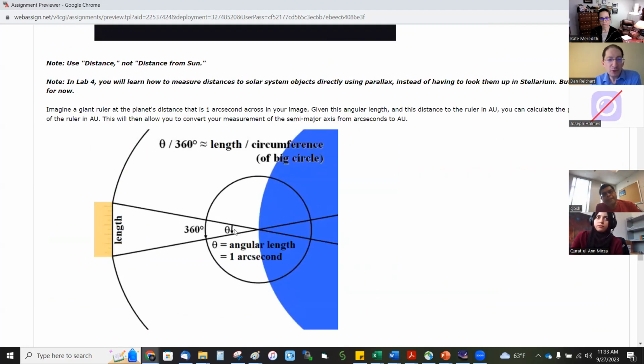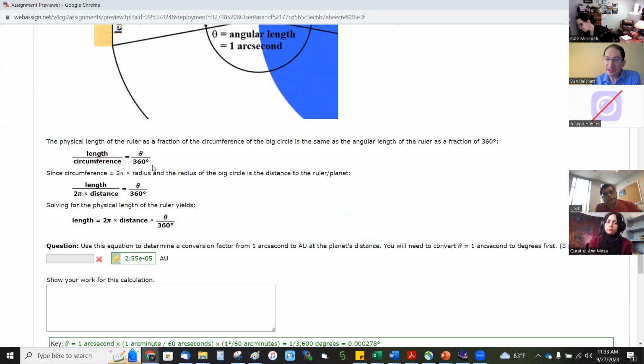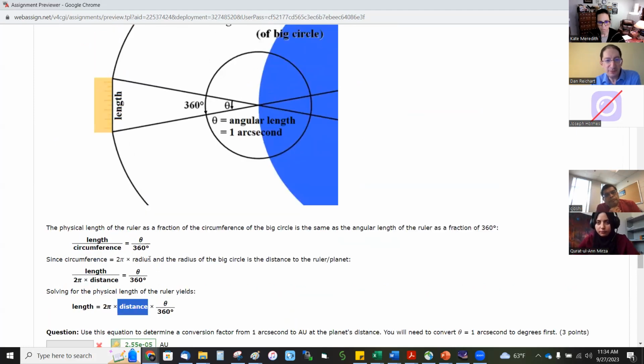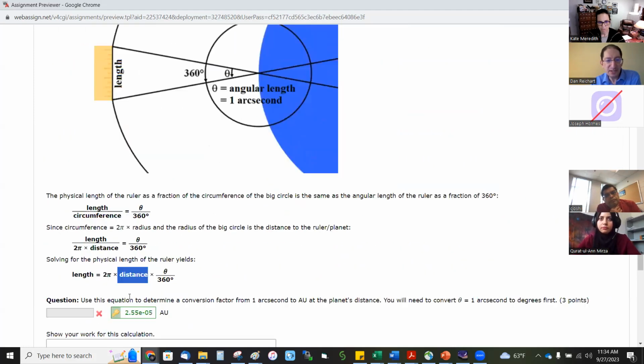But right now, what we're doing is saying, okay, 1 arc second at the distance of the planet corresponds to how many AU? And again, here's that same geometry. The physical length here divided by the circumference of that big circle is equal to 1 arc second divided by 360 degrees. Solving for length, the distance they looked up in AU from Stellarium goes here.